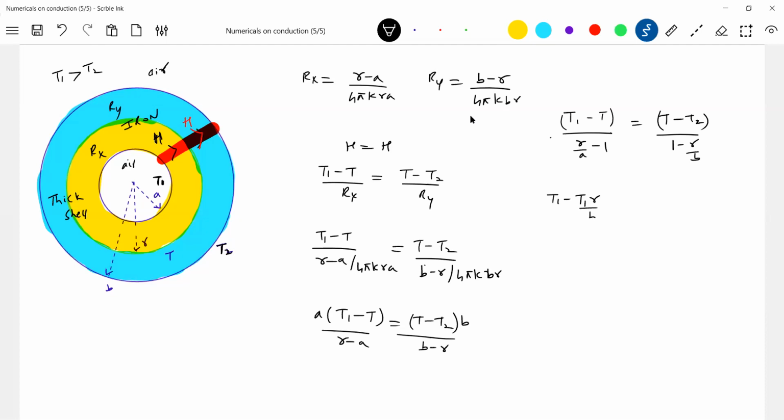T1 minus T1 RB minus T plus TRB is equal to TRA minus T2 RA minus T plus T2. Solving for T will get the required answer. Okay, bringing all the T terms on one side.